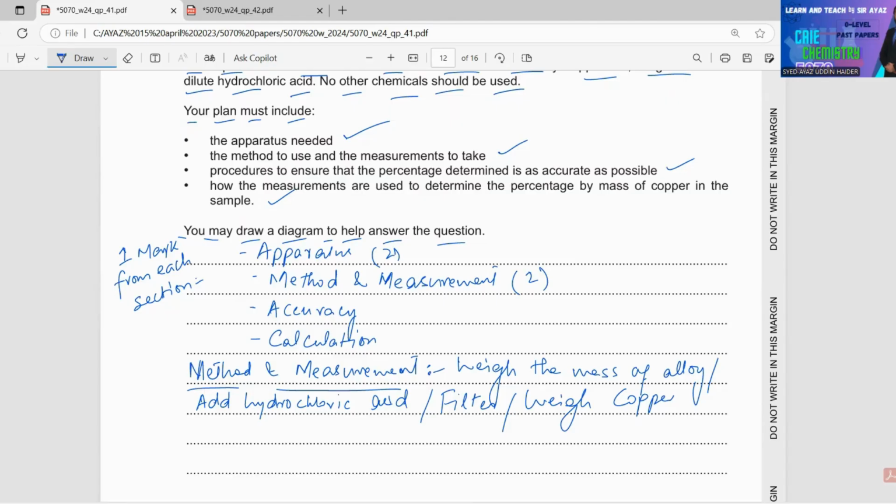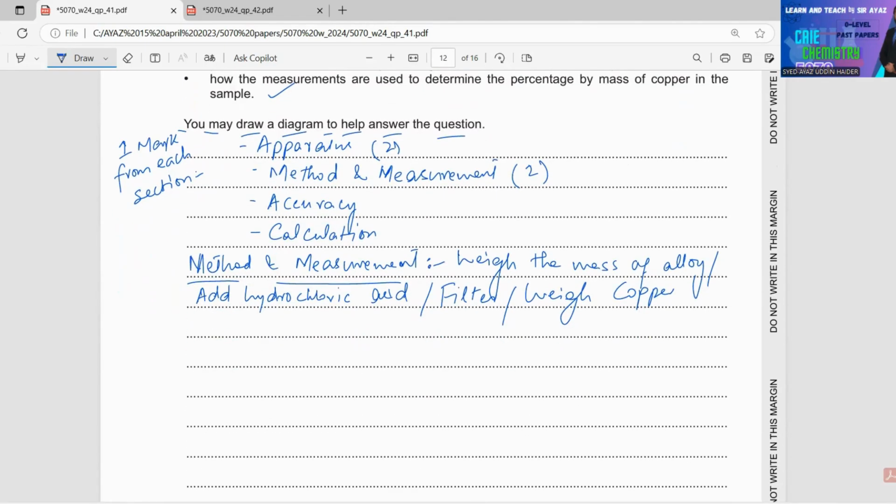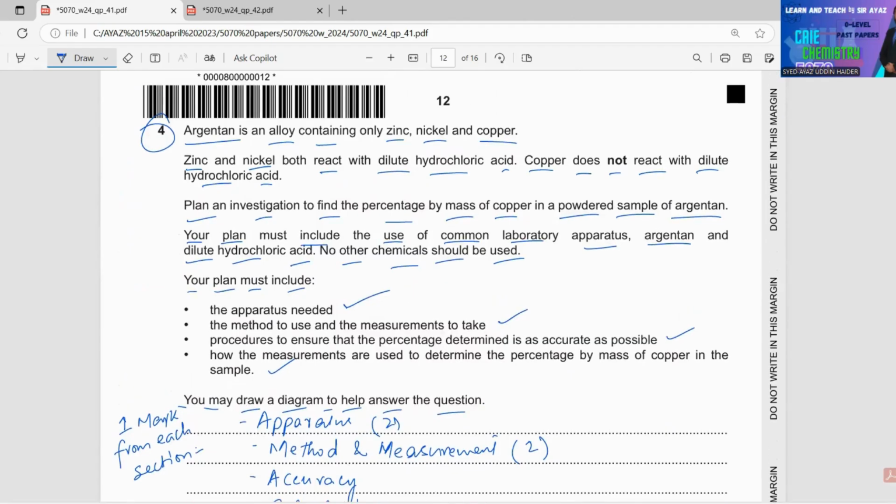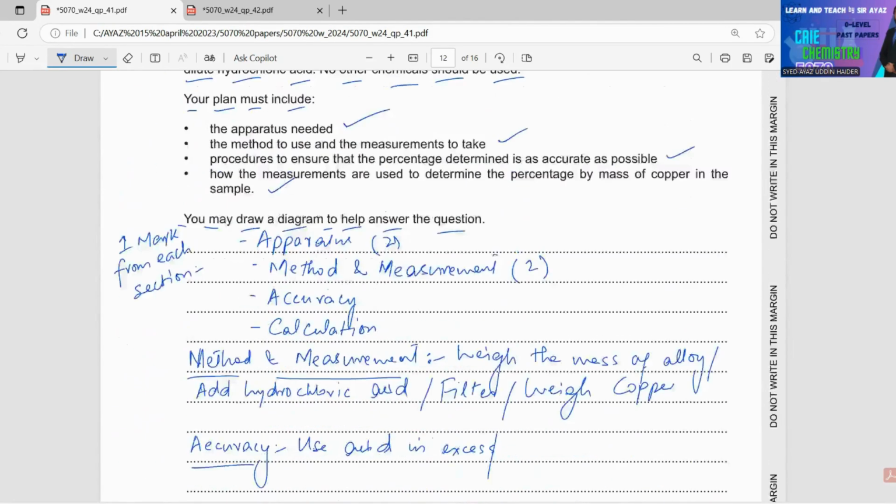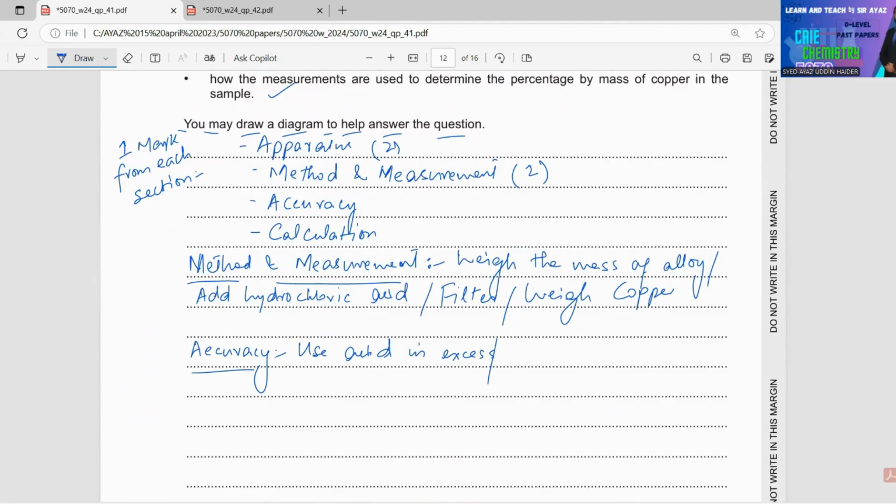4 marks are left. For accuracy, use acid in excess so that both of these will react completely. Then you can write until bubbling stops.